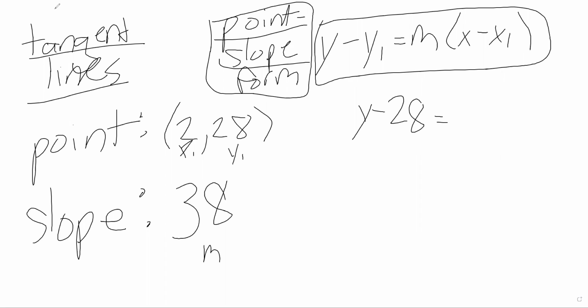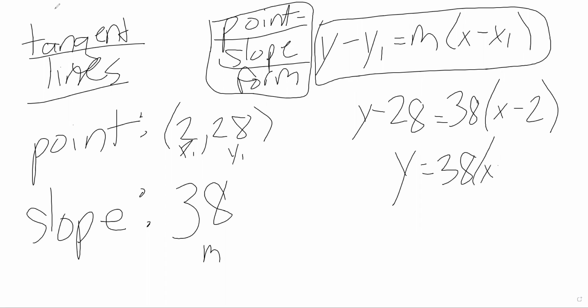Slope would be m. y minus y1 equals the slope times x minus 2. And that is the equation. If you want to feel special, you can rewrite it. If you just want to get into y equals form, you don't really have to solve it past that, I wouldn't imagine. But that is the equation for our tangent line.